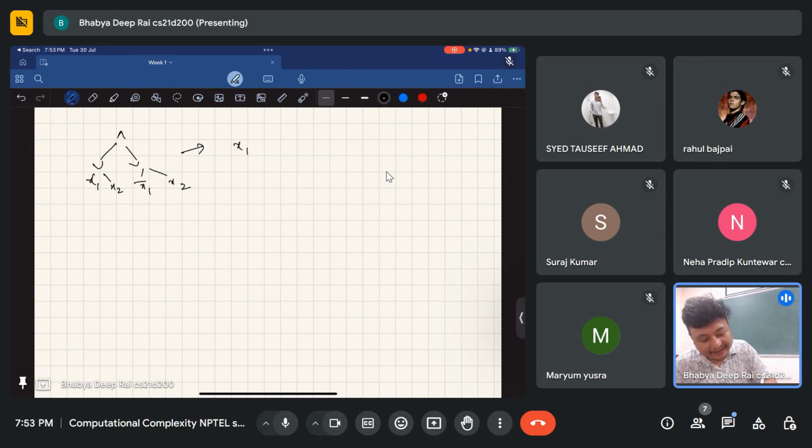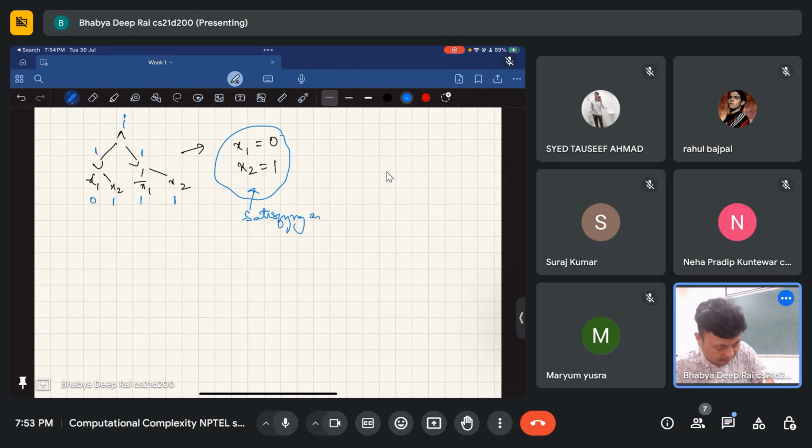Because if I set x1 equals 0 and x2 equals 1, then x1 is 0, x2 is 1, x1 bar is 1, this becomes 1, this also becomes 1, and finally I'll get a 1. So this is a satisfying assignment. What does it mean? This formula phi is in SAT. It has a satisfying assignment.